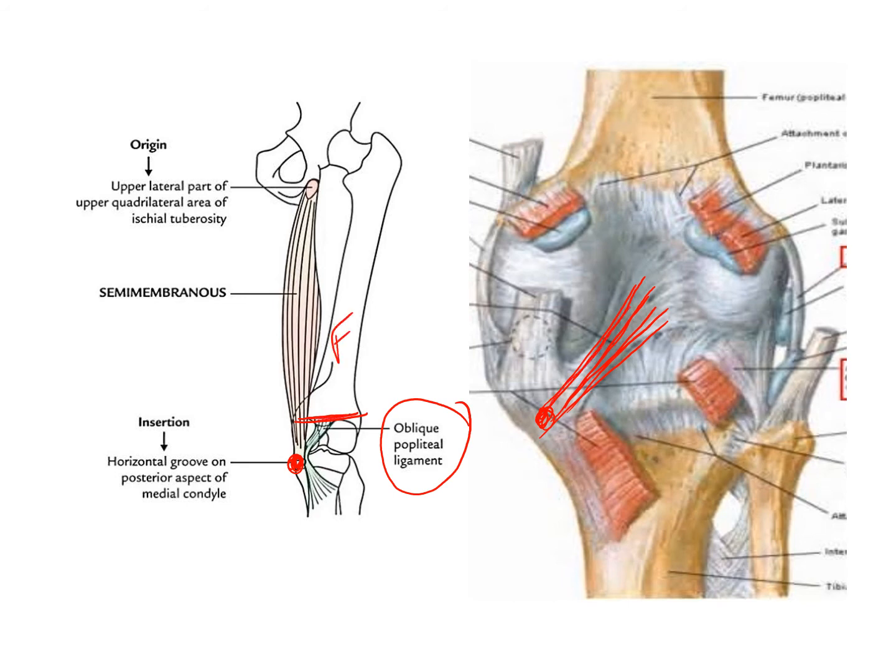So this expansion of semimembranosus, very important, is the oblique popliteal ligament. There is one more downward expansion. It passes lower down and laterally, covering the popliteus muscle, and it attaches to the soleal line of the tibia. So these two are the expansions of the semimembranosus.